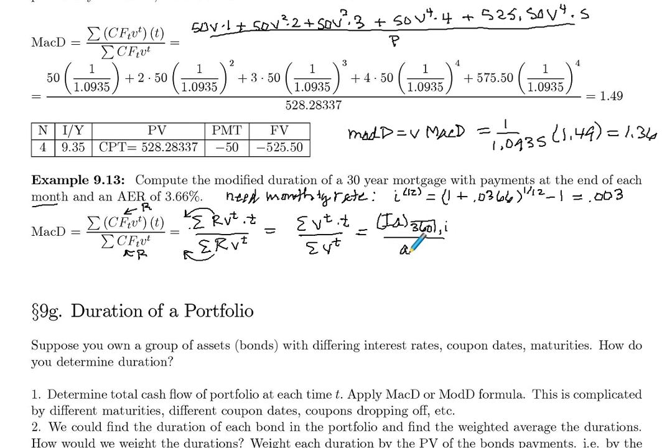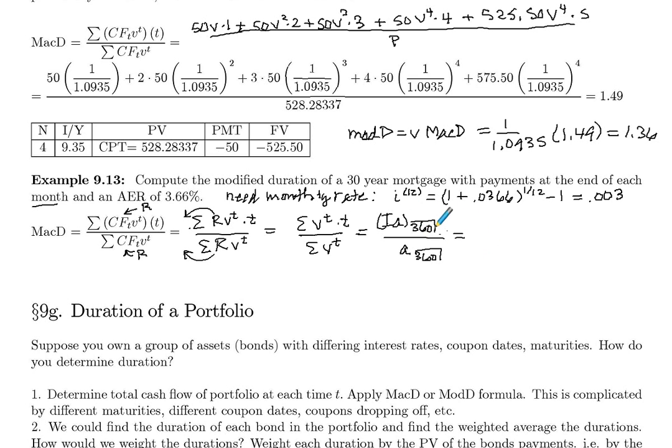Oh, that's just a angle 360. So it's (Ia) angle 360 over a angle 360. And then, of course, our i here, our monthly rate, is 0.003.